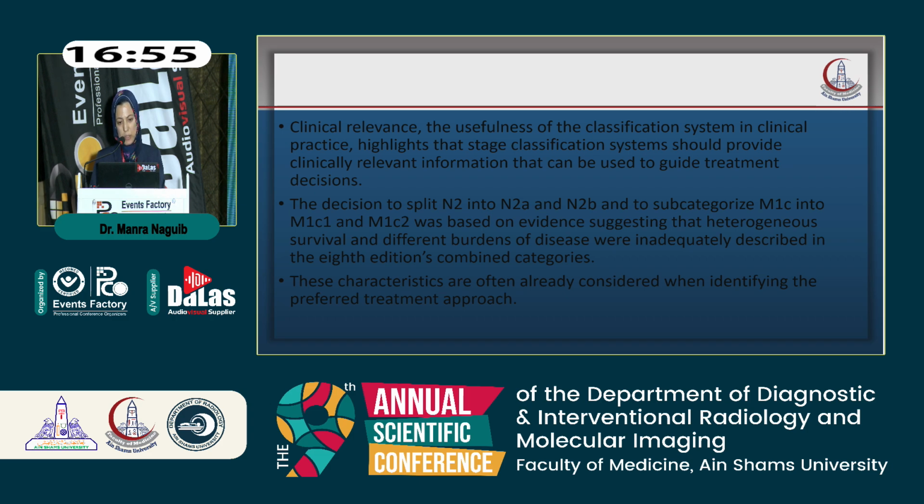The stage classification system should provide clinically relevant information that can be used to guide treatment. The decision to split N2 into N2a and N2b and subcategorize M1c into M1c1 and M1c2 is based on evidence suggesting that heterogeneous survival and different burden of disease were inadequately described in the 8th edition's combined categories.